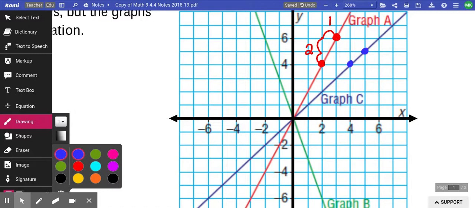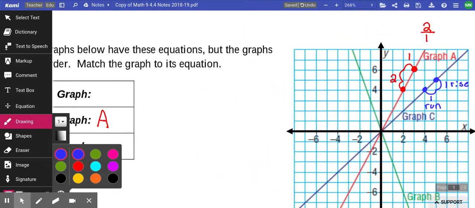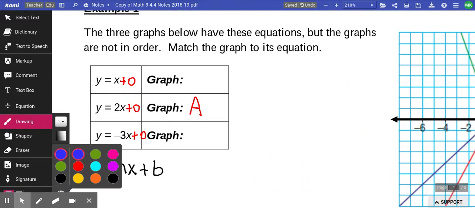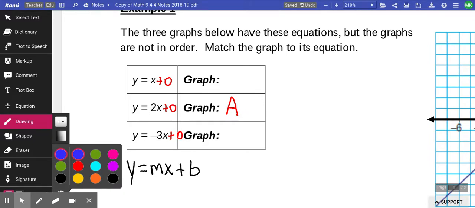You're going to go from left to right, so you're going to go over 1, up 1. This is my rise because I went up. This is my run because I went over. That means my slope is 1 over 1. Perfect. That would be represented by y equals x. So if you're looking over here, it would be graph C is the first one.